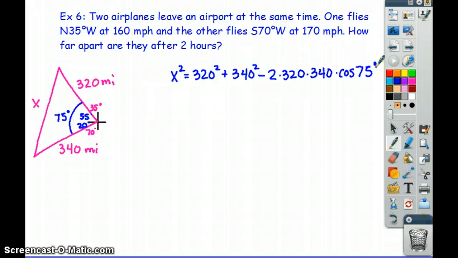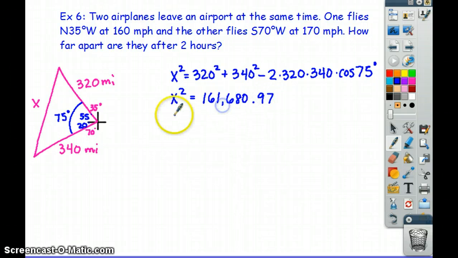Put all that together, and I got 161,680.97, but then I have to make sure I take the square root. The planes are about 402 miles apart now after those 2 hours have passed.